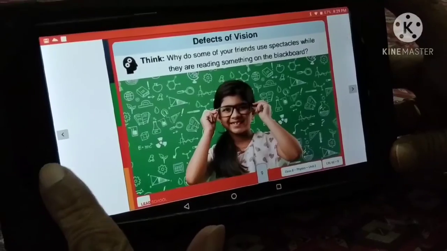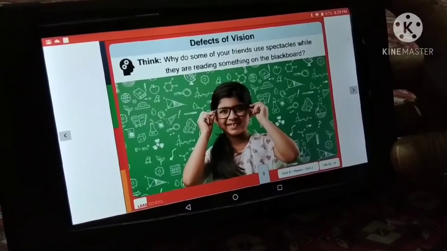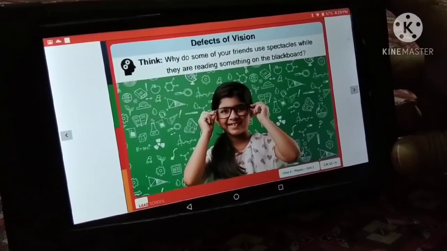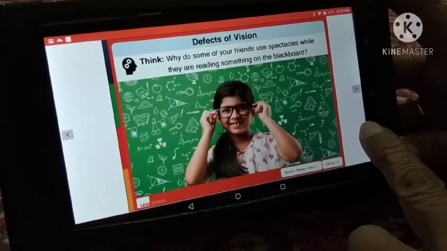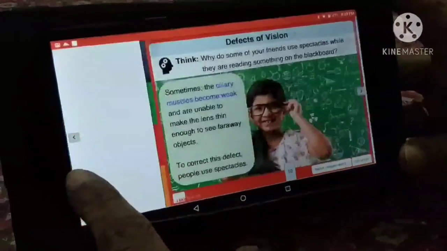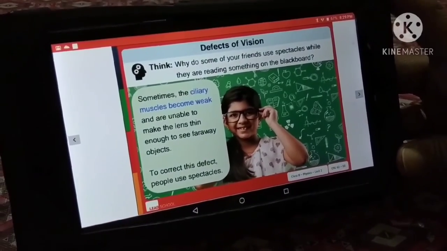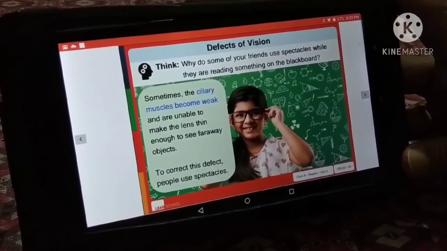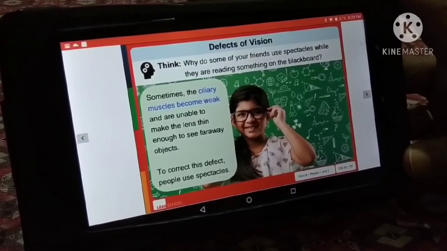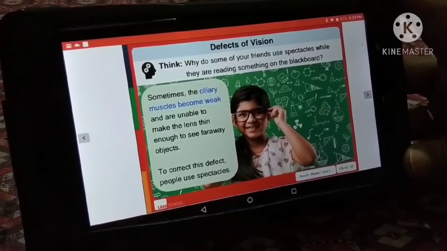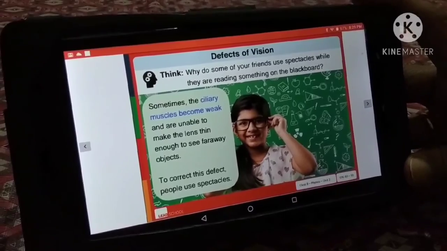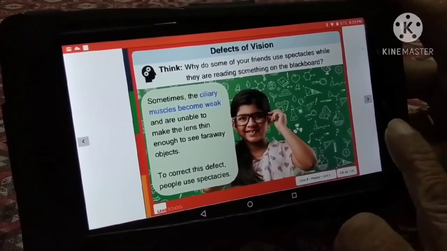Why do some of your friends use spectacles while they are reading something on the blackboard? Sometimes the ciliary muscles become weak and are unable to make the lens thin so that we can see faraway objects. So, to correct this defect, people use spectacles.